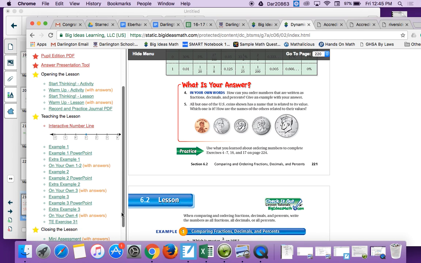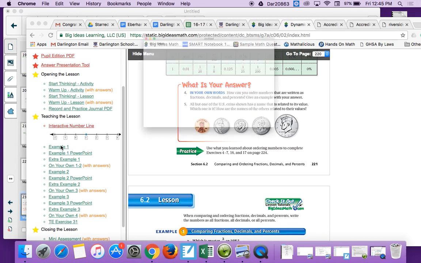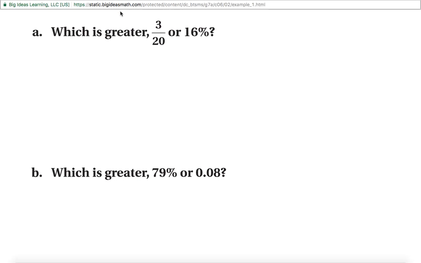In this lesson, we can talk about examples like which one is greater, 3/20ths or 16%. They are not the same format, but we can alter them a little bit to get them in the same format, and this is a preference. Just some things you need to consider. If you have a fraction, one of the most important things is to get a common denominator, and there are some situations where you get a common numerator.